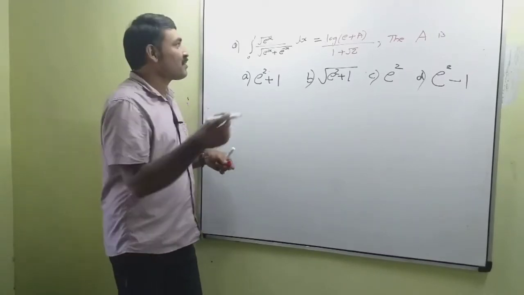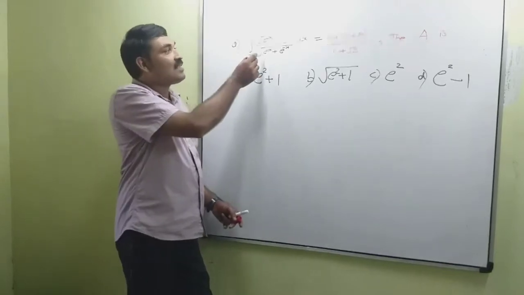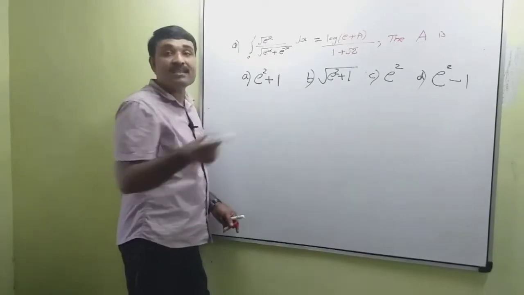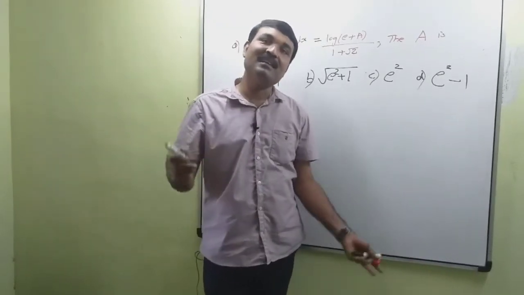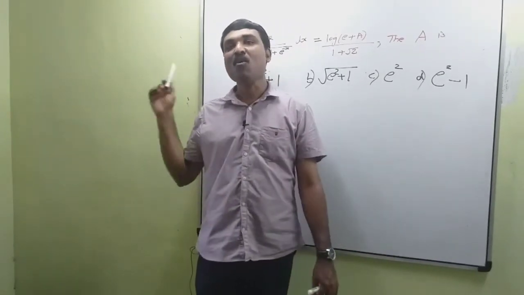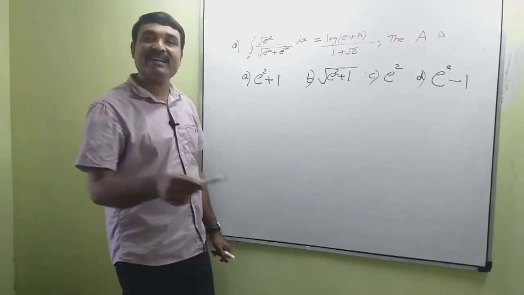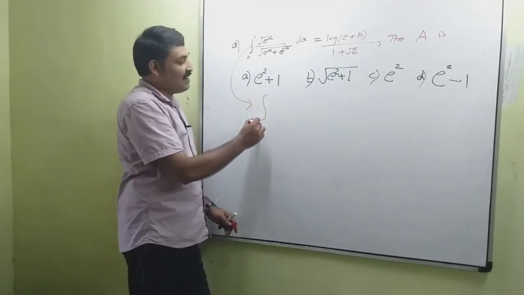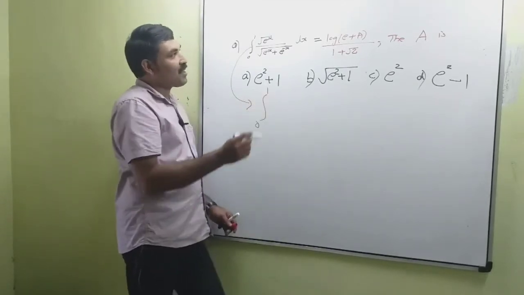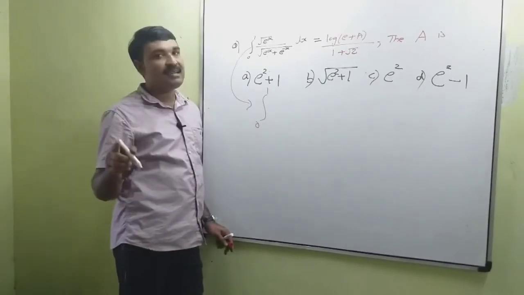Let us see. Now, we have square root of e raised to x in the numerator, and square root of e raised to x plus e raised to minus x in the denominator. So it is better to convert either in terms of e raised to minus x or in terms of e raised to x. Let us convert it in terms of e raised to x. So I can write this as integral 0 to 1. Divide the numerator and denominator by e raised to minus x.